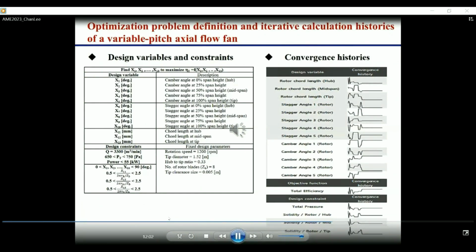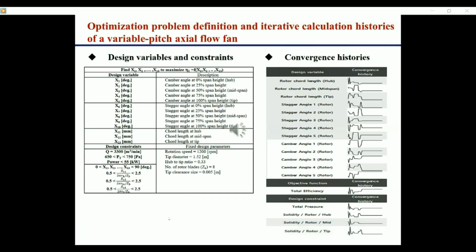You can see the design variables of the optimization problem: 5 camber angles, 5 stagger angles, and 3 chord lengths, which are defined in this table. You can also see the design constraints for flow capacity, pressure, power, blade angles, and the blade solidities.